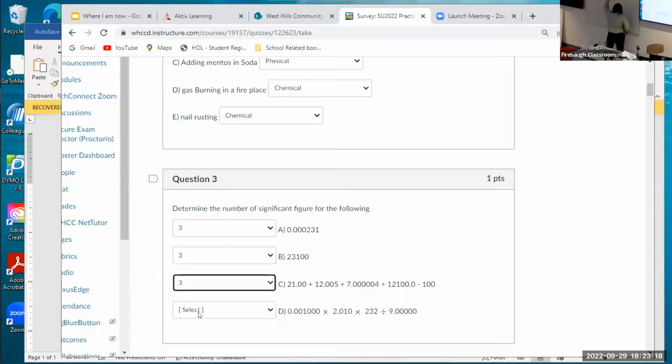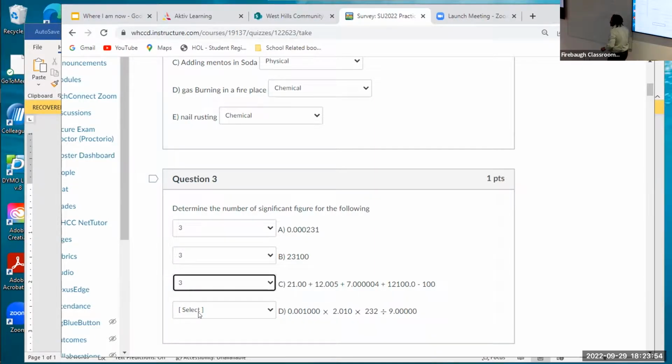Yeah. So 21.00, 12.005, 7.0000004, and 0.012.0, and then 100.